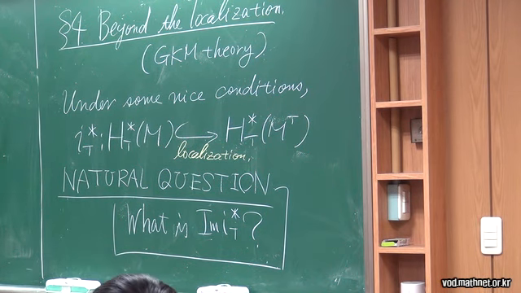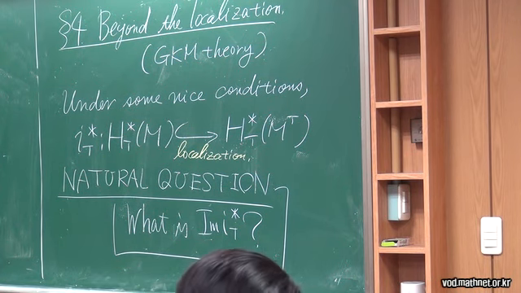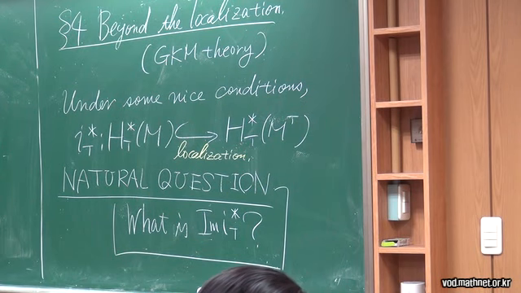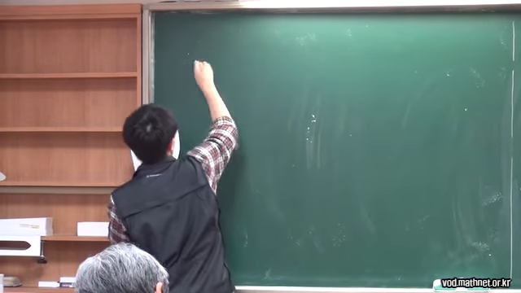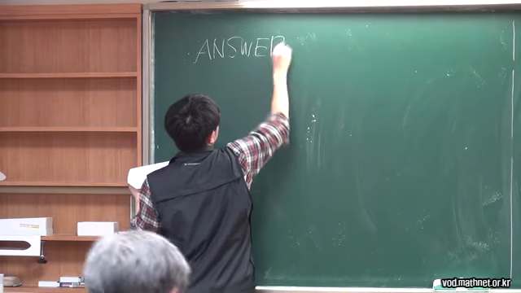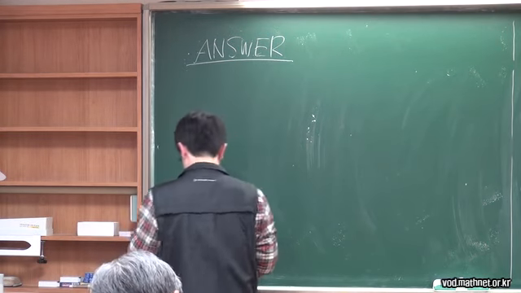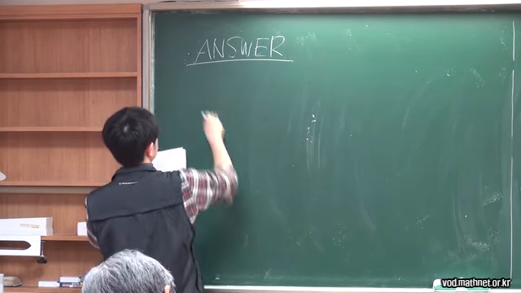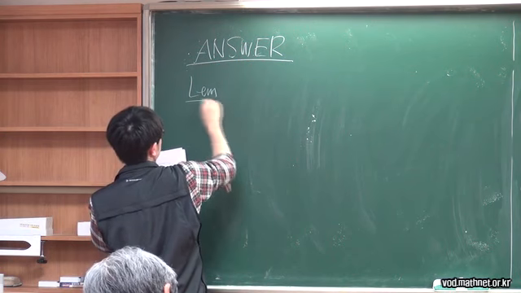So the image is very important, and the GKM theory tells us what this image is. To answer this question, the first answer is the Chang-Skjelbred lemma.